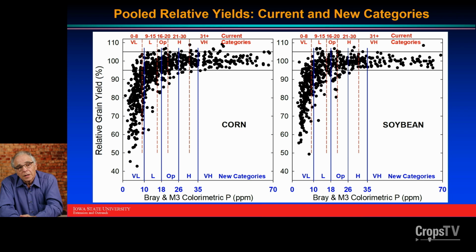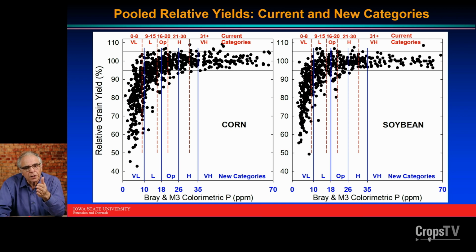But this is what we are proposing. This is a complicated graph. It's the only way I figured out how to show this. This is the new database with the new information and some of the old ones, though I deleted some data and some trials that had very low yield. So what we have here is the same thing.